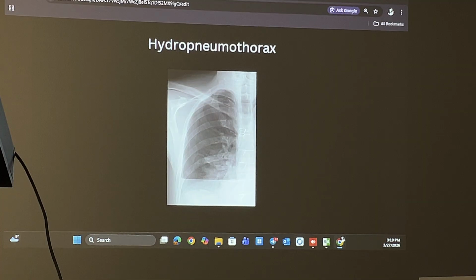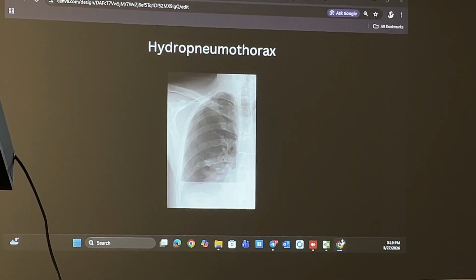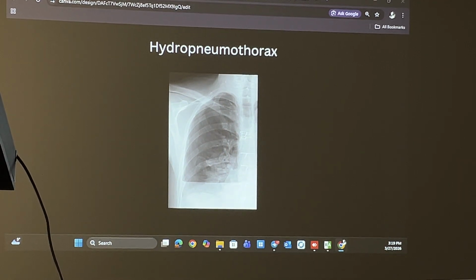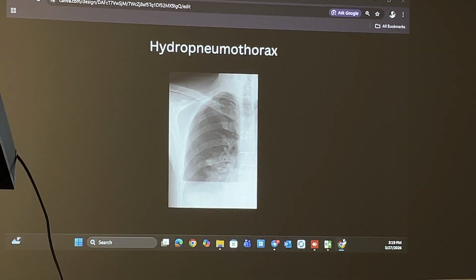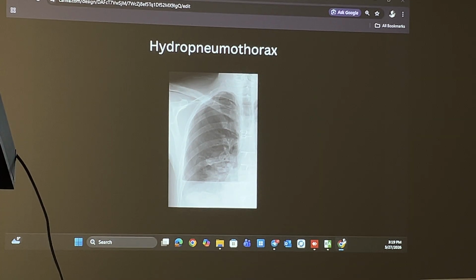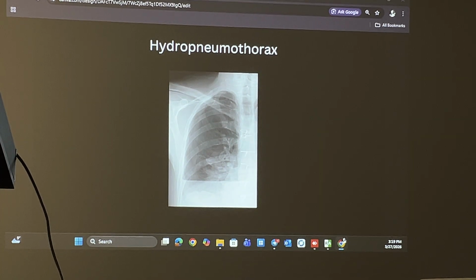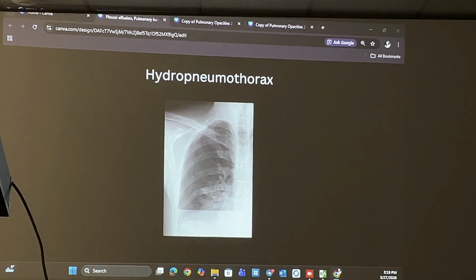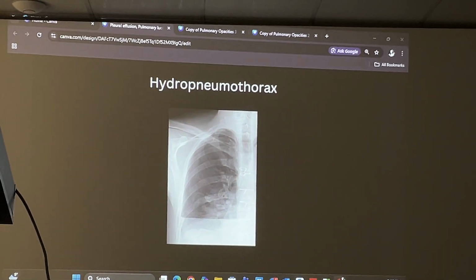Hydropneumothorax. The presence of both air in the pleural space, which is pneumothorax, and an abnormal amount of fluid in the pleural space, which is pleural effusion or hydrothorax, is called hydropneumothorax. Some of the more common causes are trauma, surgery, or recent thoracentesis to remove pleural fluid, in which air enters the pleural space.